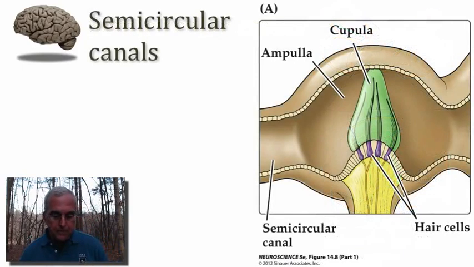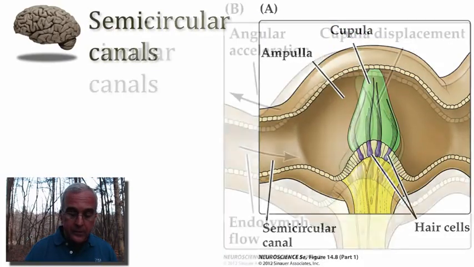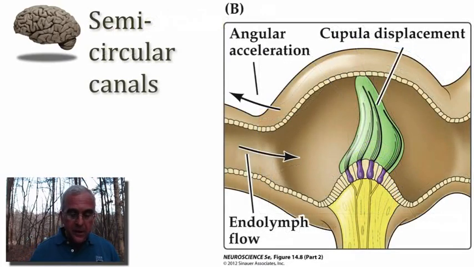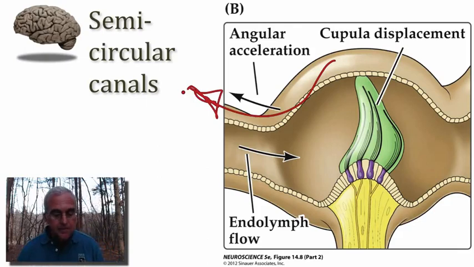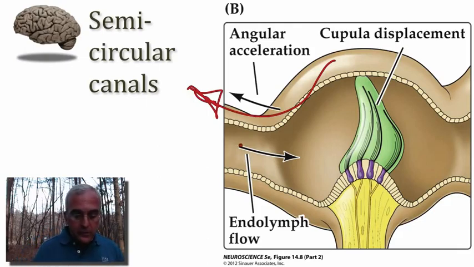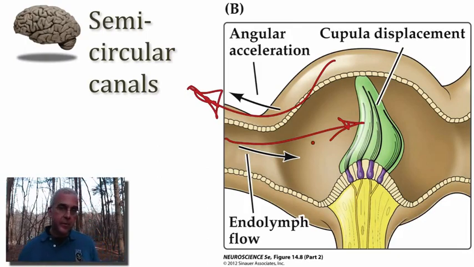So let's have a look at that. Here's the semicircular canal at rest, and then if we were to rotate it, we are actually accelerating our sensory epithelium with a turning of the head. The lag or the inertial force causes endolymph to essentially flow in the opposite direction. Really, it's the fixed structures that are moving.